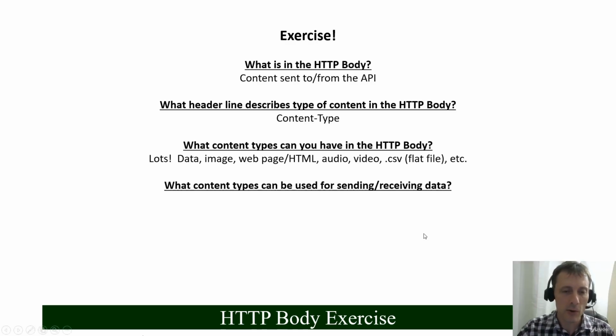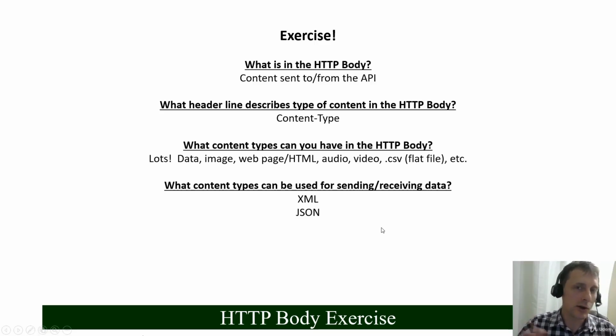Next question. What content types can be used for sending or receiving data? That is, sending data to the API or receiving data from the API. What I mean by data is text information. There are two. There is XML and there is JSON.